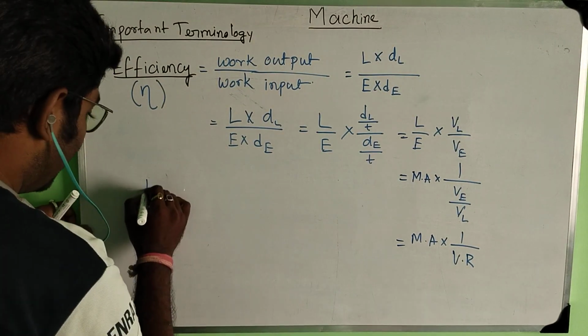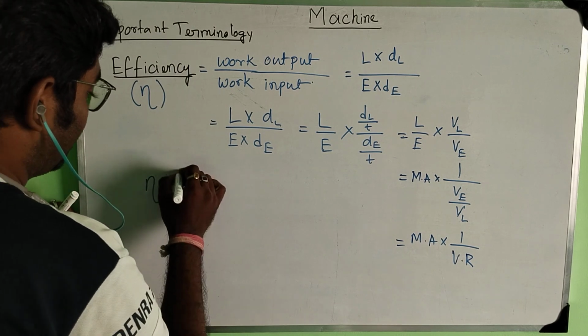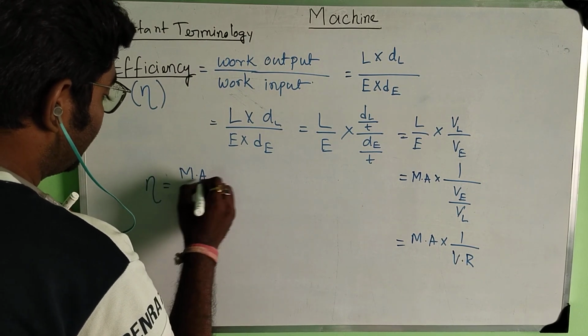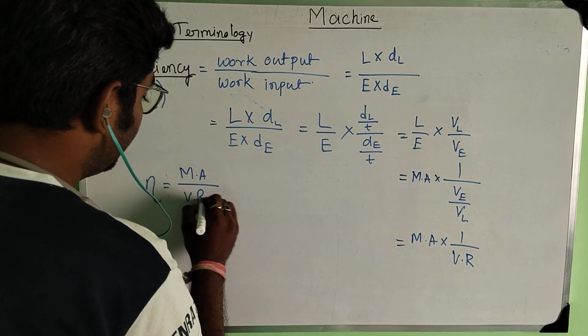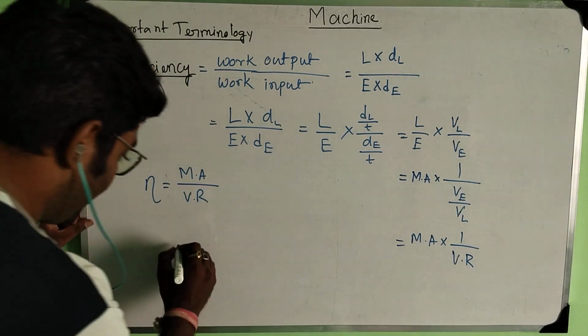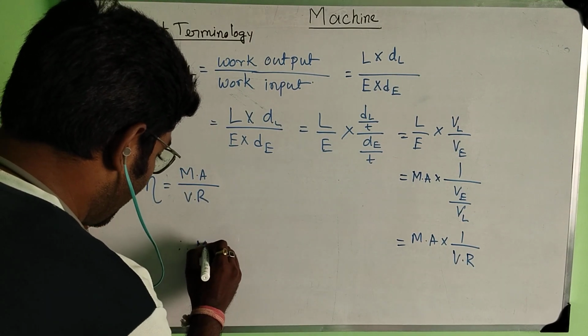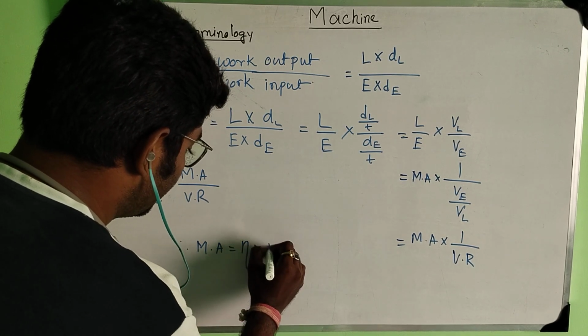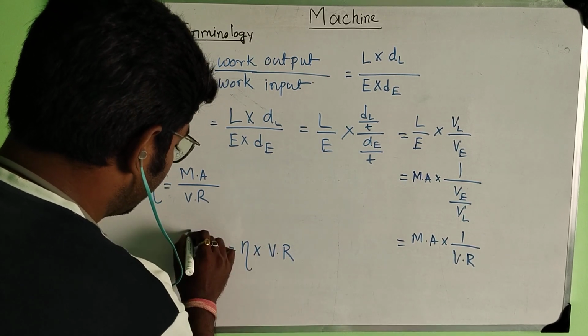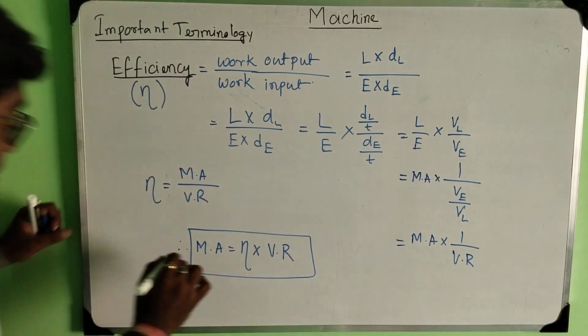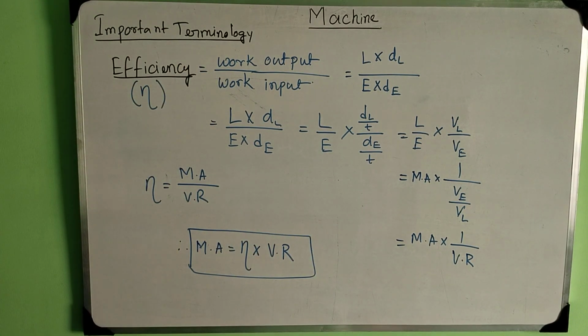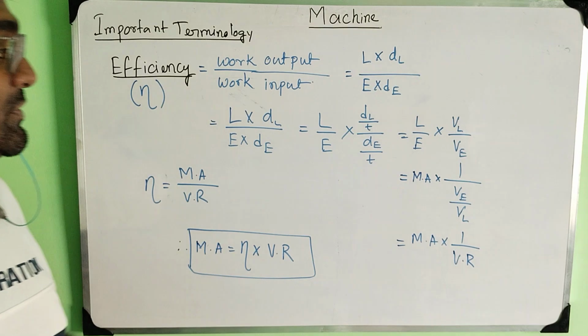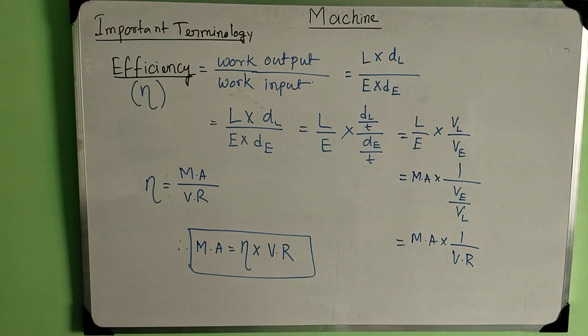So we can write efficiency eta is equal to mechanical advantage by velocity ratio. Therefore mechanical advantage is equal to eta, efficiency, into velocity ratio. This is the relation between mechanical advantage, efficiency and velocity ratio, the simple derivation that we have to know.